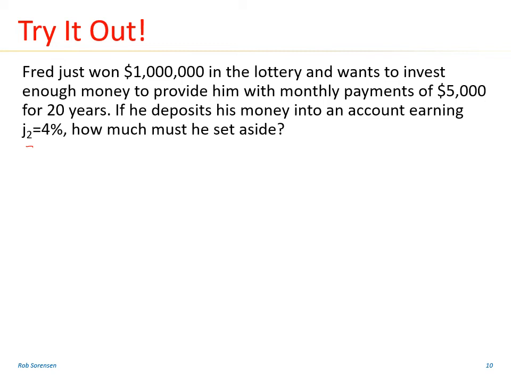All right, I'm going to just start by writing down some of the basics we've got. Fred would like a payment of $5,000 per month for 20 years, so N will be 240. You want it 12 times a year for 20 years. I'm going to go ahead and convert my rate first. So the first step is to convert the rate.